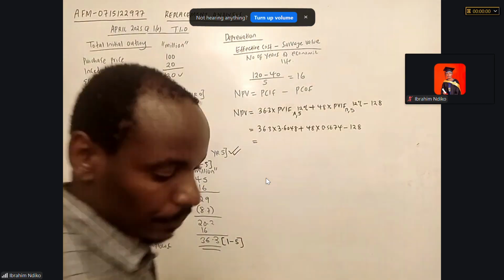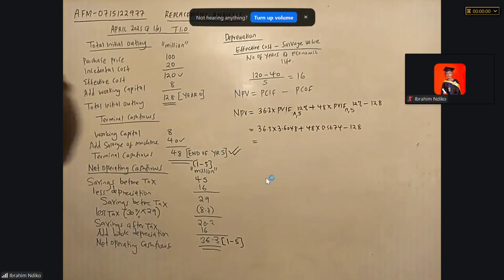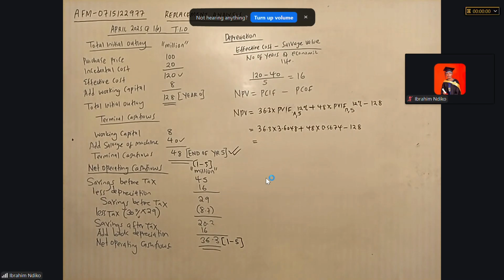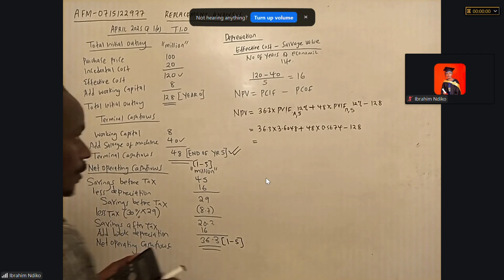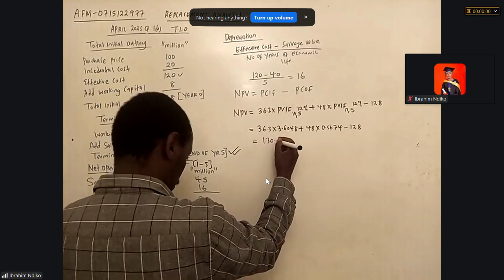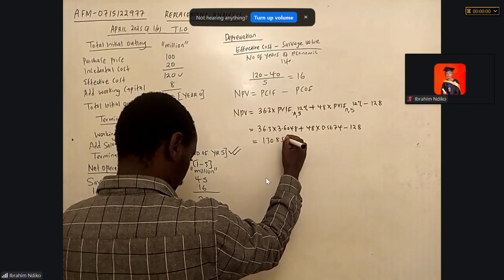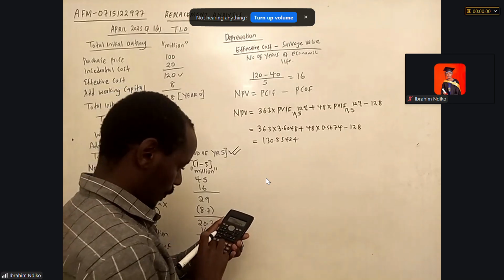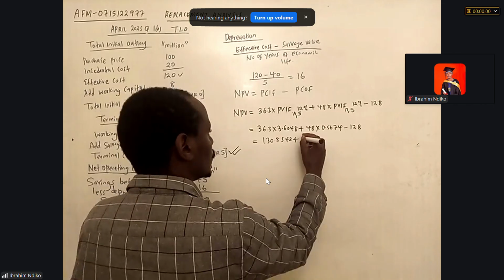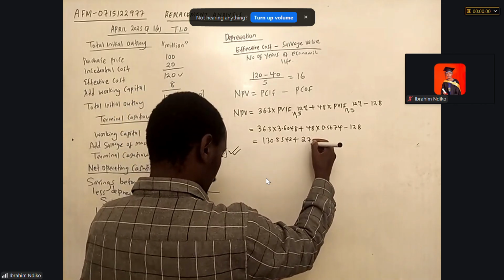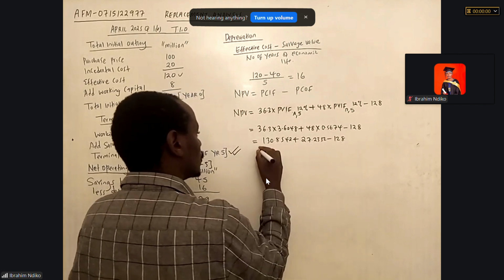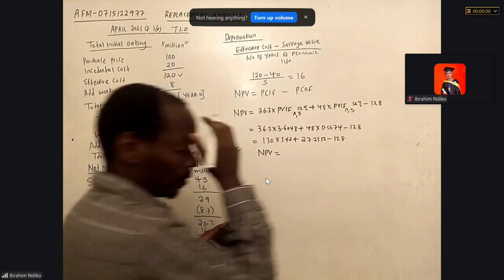What is the value of NPV? It will be equal to 36.3 times 3.6048, this is 130.8542, plus 48 times 0.5674, which is 27.2352, minus 128.